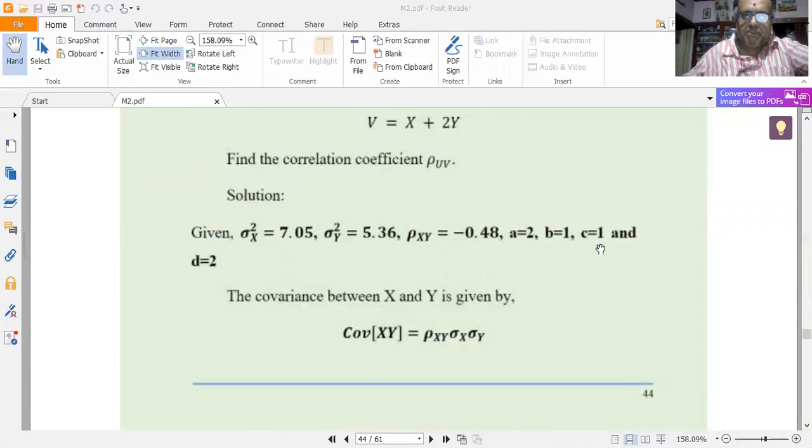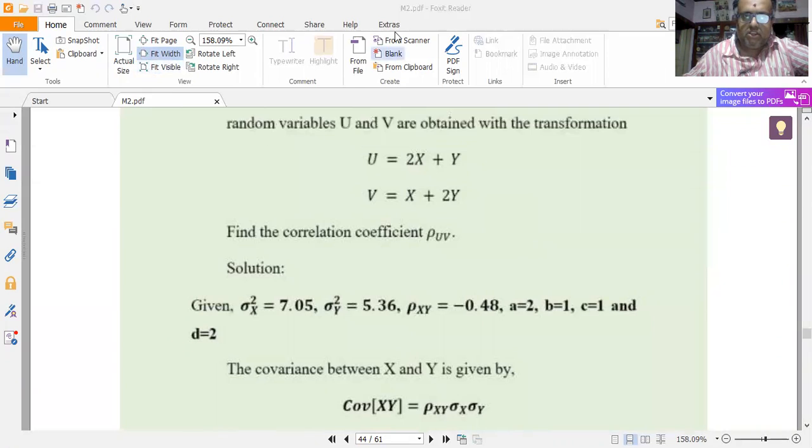Now I need to write down sigma x. Sigma x is nothing but the square root of the variance; it is the standard deviation of x. So sigma x is equal to the square root of 7.05. Next, I have to find sigma y.